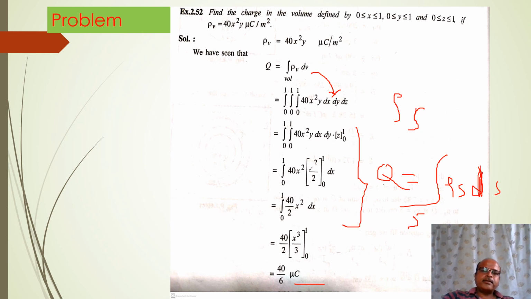Here dv is a differential volume, and ds is a differential surface area. According to the coordinate system, we have to choose that differential surface area. If a problem is asked in the exam, first identify in which coordinate system it is asked: Cartesian, cylindrical or spherical. Here the Cartesian coordinate system is used, and we have taken the differential volume as dx dy dz directly.